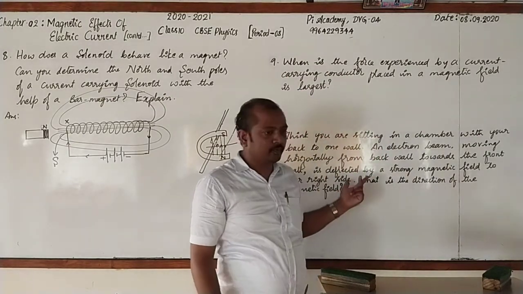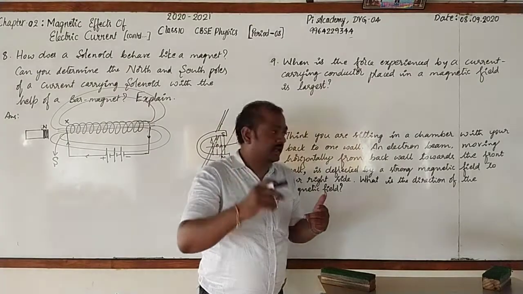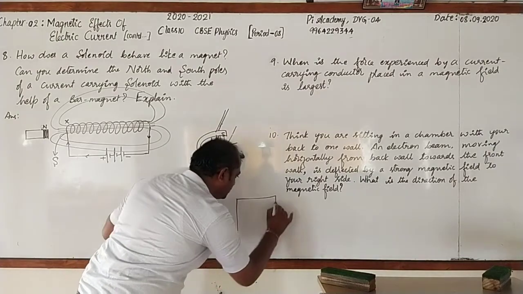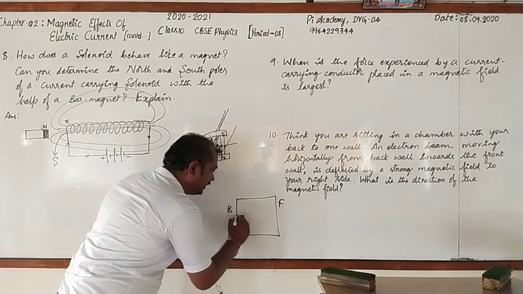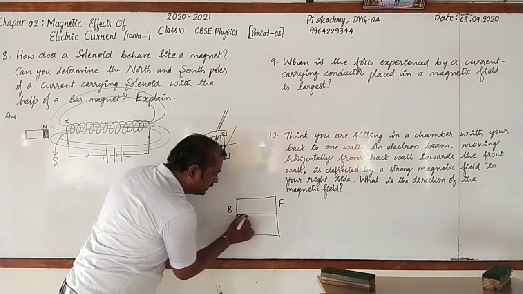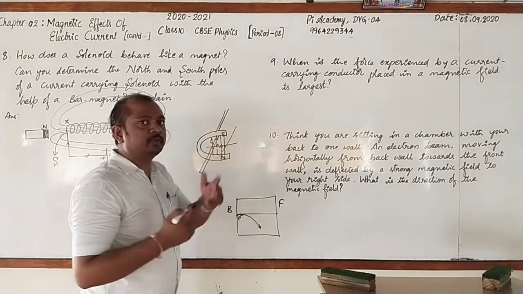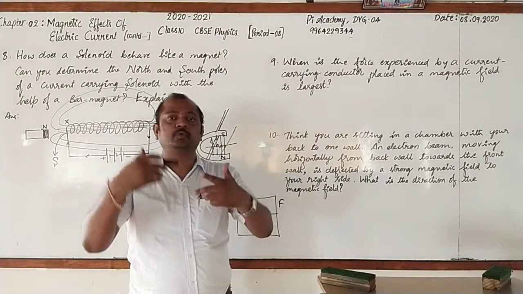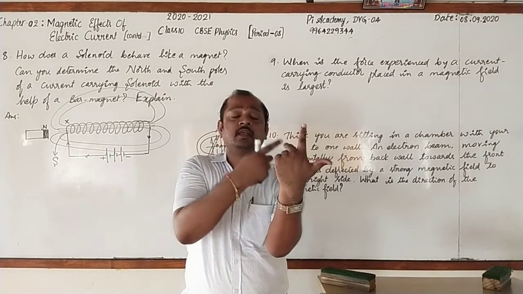Yes. Now I'll go for writing the answer for all the three. Just for clarification, with a figure I'll go for explaining this. See that. Assume that this is back wall, this is front wall. And the electron is moving from back wall to front wall and it gets deflected towards right. Is it not? Then we have to show the direction of the magnetic field. Look here. Back wall to front wall. But if I hold like this, of course, direction of current is correct.